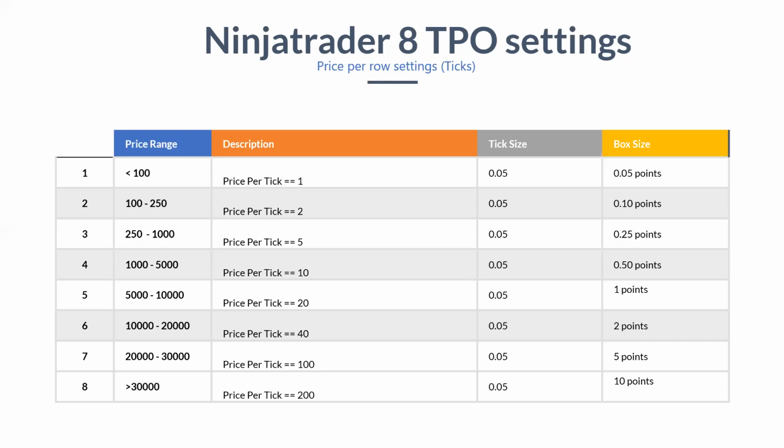For something like Ashok Leyland, or whichever stock is trading around 100 rupees to 250 rupees, I'll be plotting the letters every 10 paise. This is not a rule, but this is the optimal setting from my past experience. I've been following it for quite some time, and yes, that will give you optimal information about the markets.